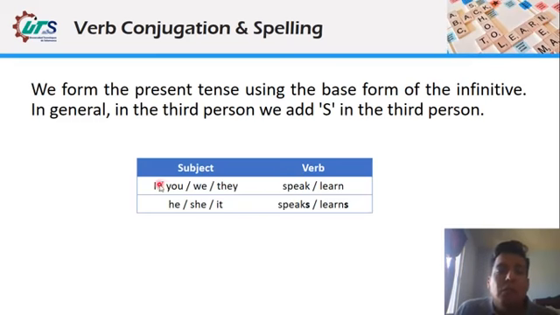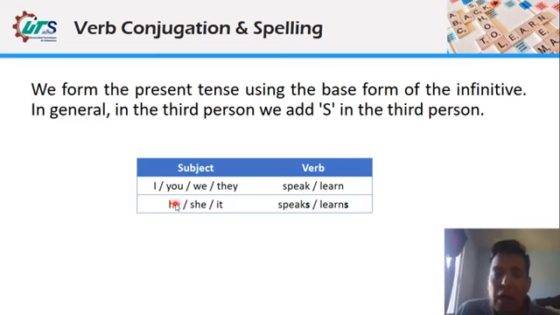That's easy, because when we talk about I, you, we, and they, the verb remains in the infinitive. What is the meaning of the infinitive? In Spanish, it's like a verbo sin conjugar. For example, speak and learn. You can say I speak, you speak, we speak, and they speak. The verb remains in this form. Learn: I learn, you learn, we learn, they learn. The verb remains in the infinitive and doesn't change.